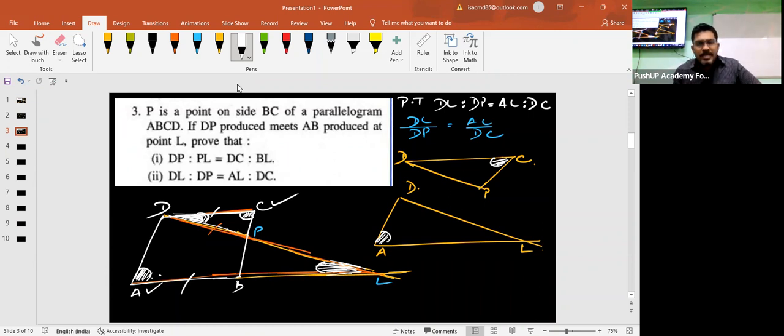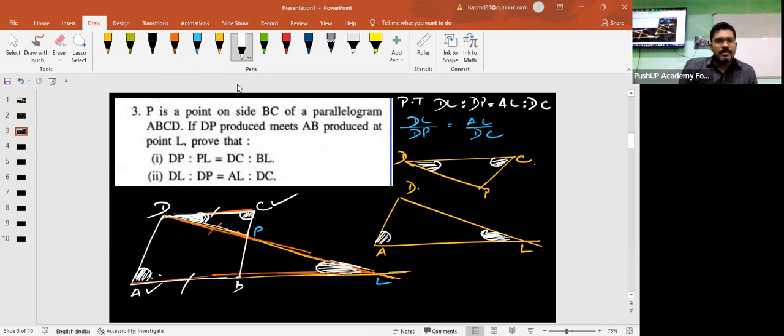Because you know DC and AL, they both are parallel to each other. If two lines are parallel, then the alternate interior angles of both the parallel lines should be equal. So can't I say this angle ALD and this angle DPC, they both happen to be the alternate interior angles, right?